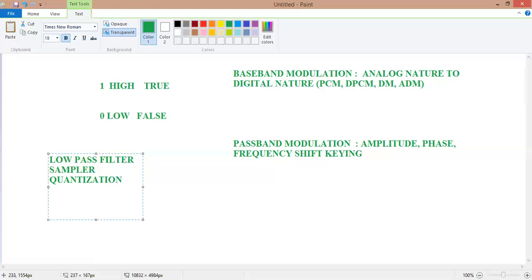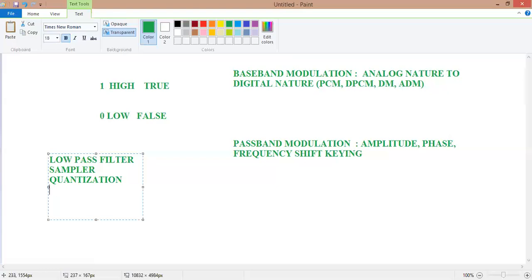After quantization, I want to put some coding in terms of 1s and 0s. If I want to write 7, how to write 7 in digital? 7 means decimal value 7 is triple one in binary.